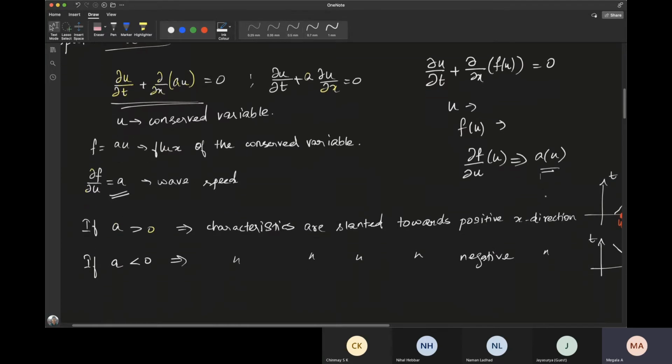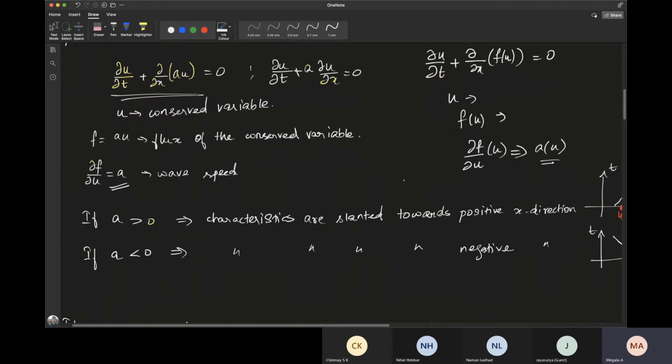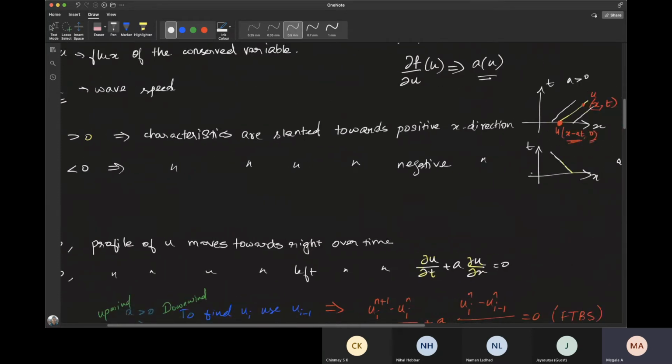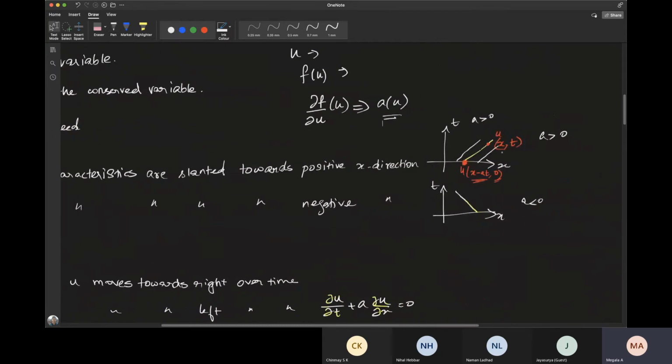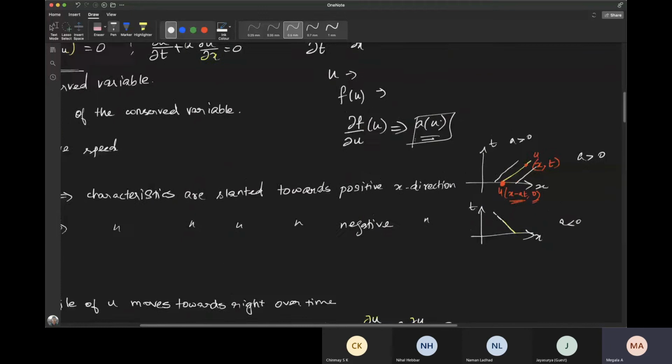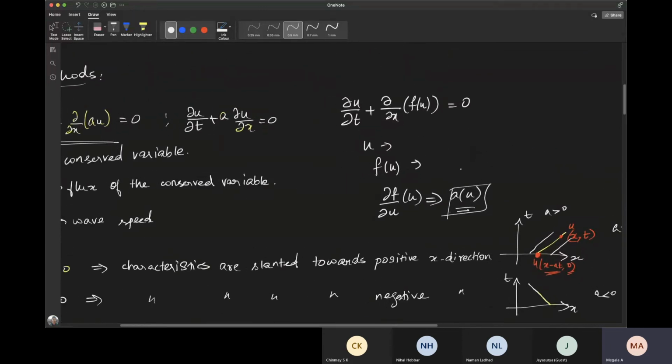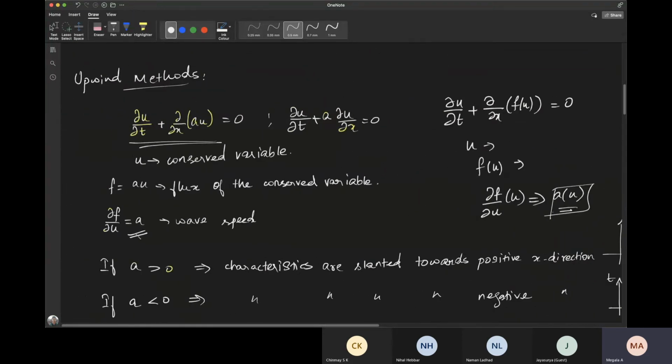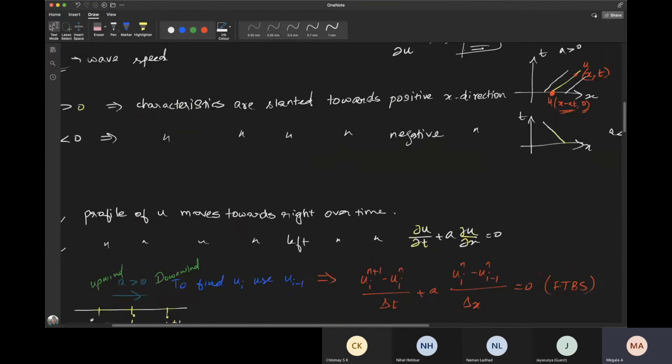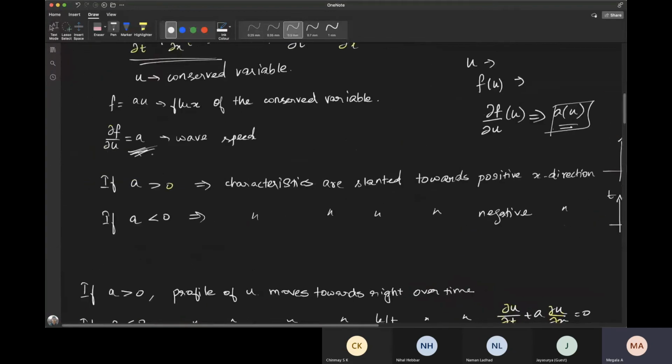So here again you look at the sign of this quantity a of u at different points. In some regions of the domain this will be positive, and in some regions this will be negative, depending on the value of u, since it's a function. Earlier, since a is a constant, in the whole domain a will either be positive or negative, so you will either be doing FTBS or FTFS.